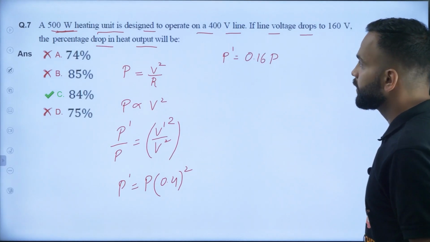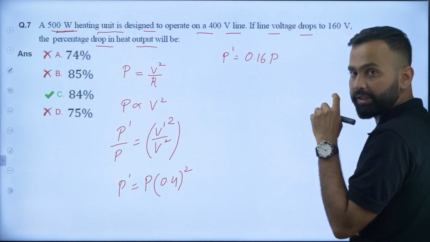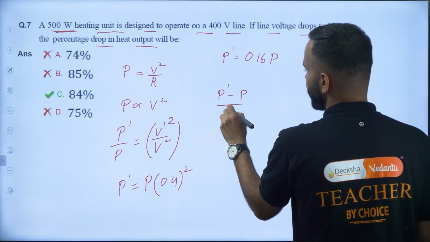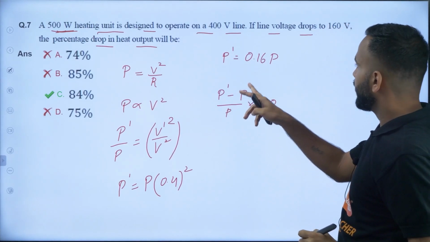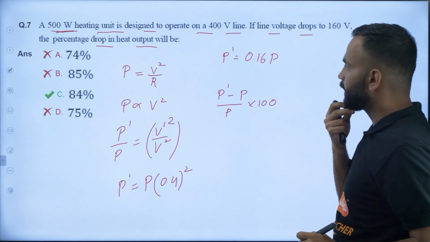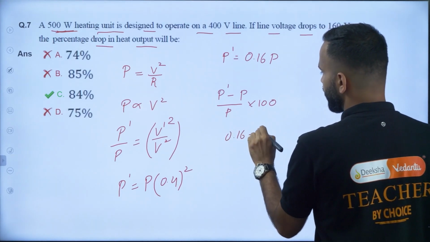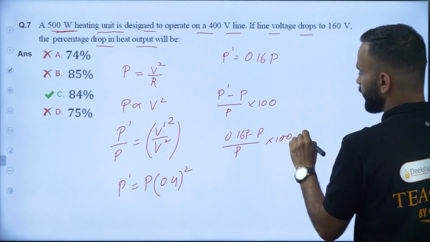We need to find the percentage drop in heating output. The percentage drop is P dash minus P divided by P into 100%. P dash is 0.16 P, so 0.16 P minus P divided by P into 100%.